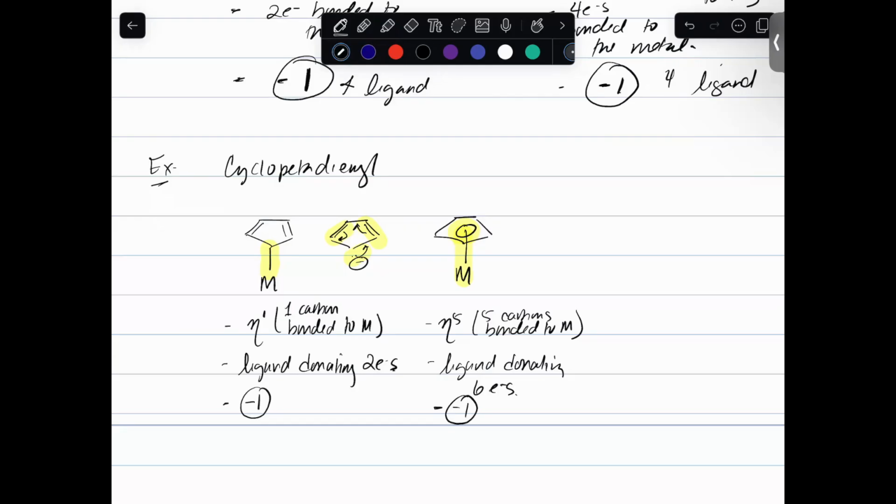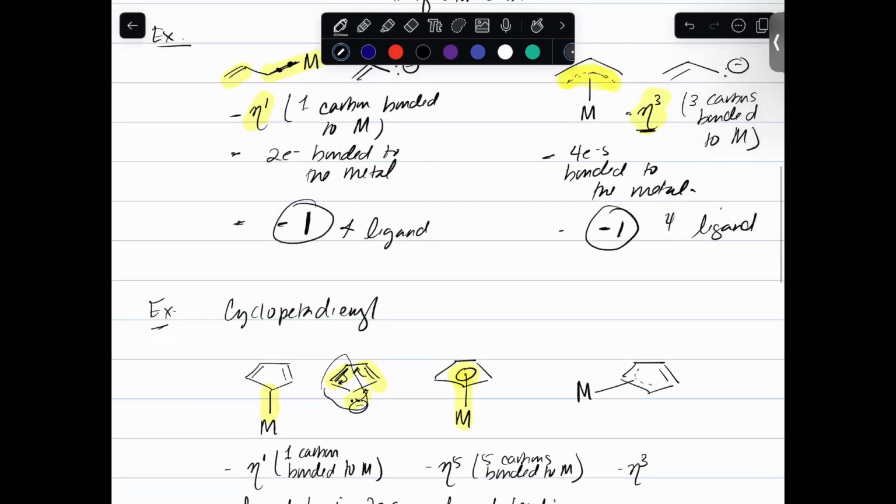And then finally, the last example that I gave you was the fact that not all 6 pi electrons have to be donating to the metal. It can be an allylic system as well, right? Just like the above example. Notice how you have this type of allylic system. Same thing here. You can use the allylic system to bond to the metal. In this case, this is eta 3, just like up here.